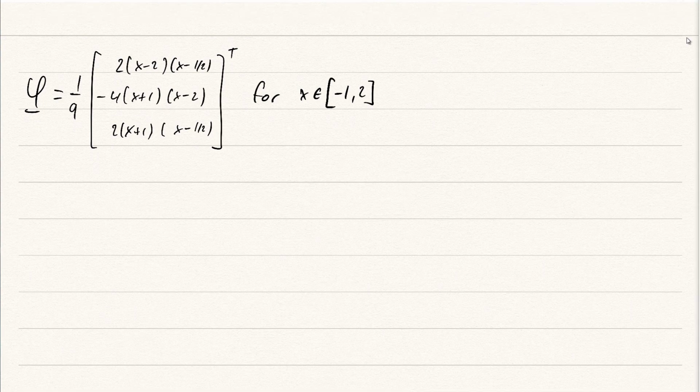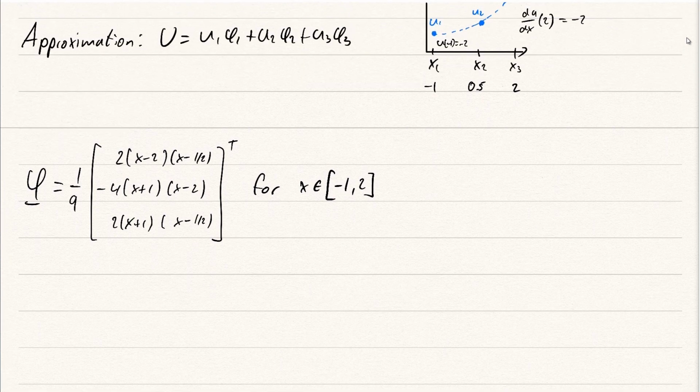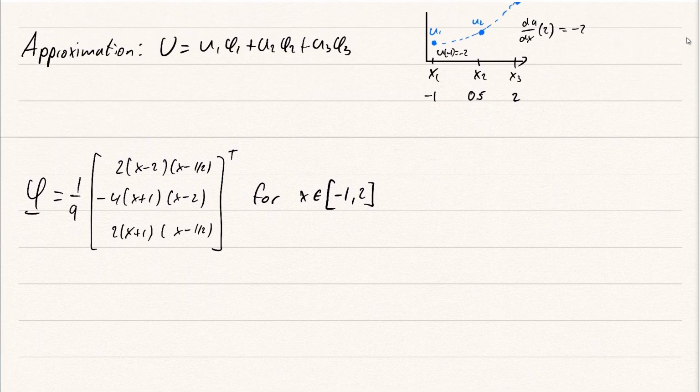Okay, so we need the derivative of capital U, right? So we need dU/dx, and we can get this by taking the sum from i equals 1 to n of the derivative of the basis functions dφi/dx multiplied by our ui here.